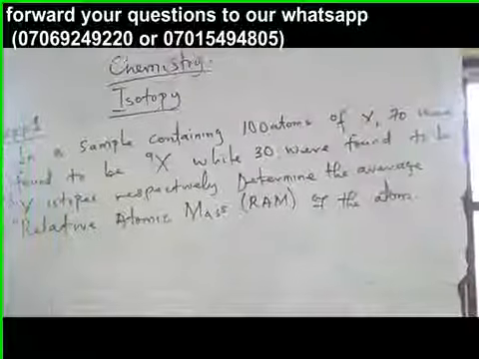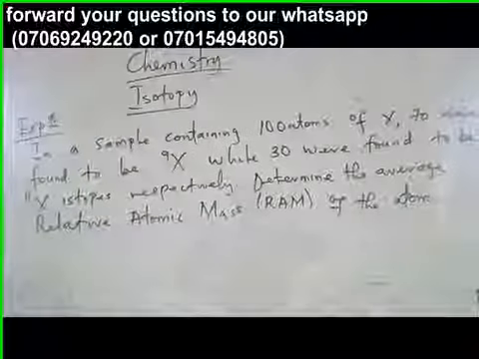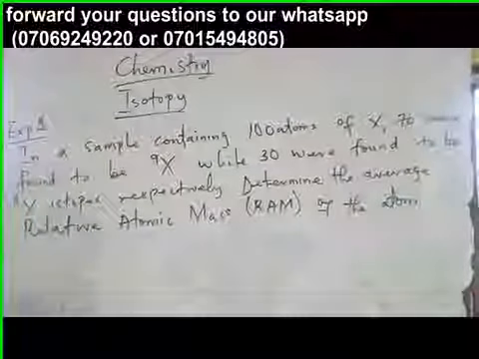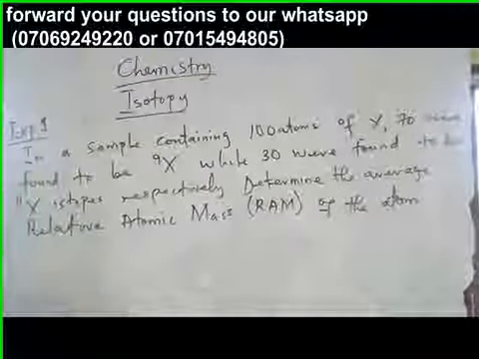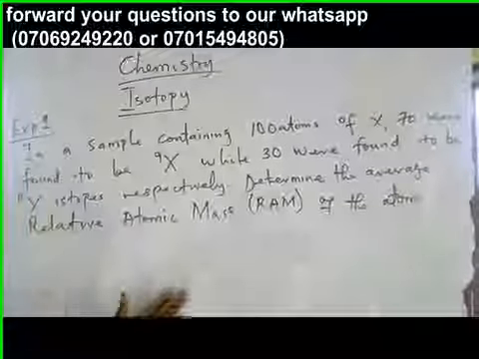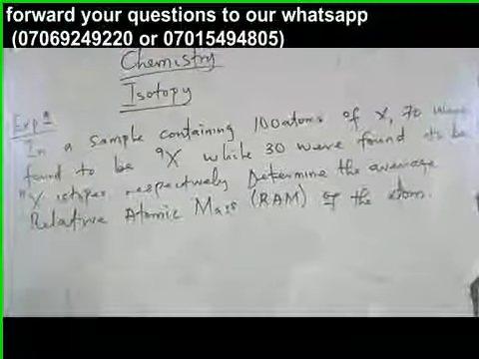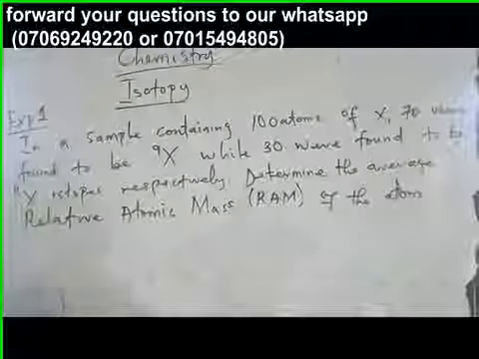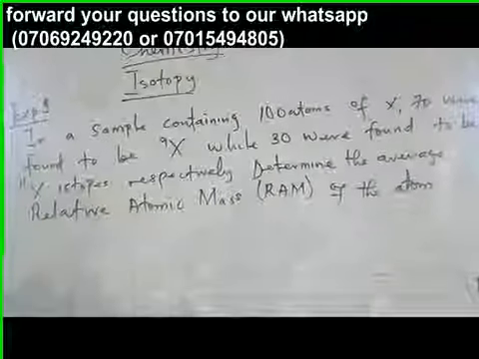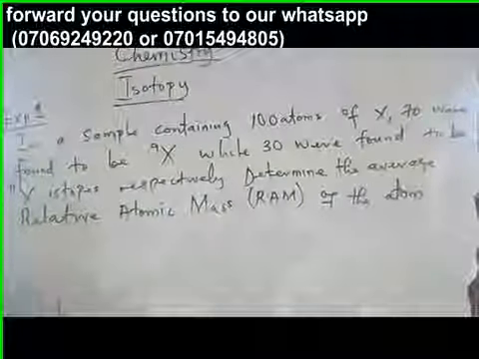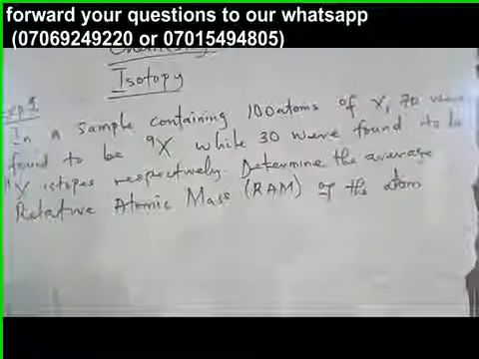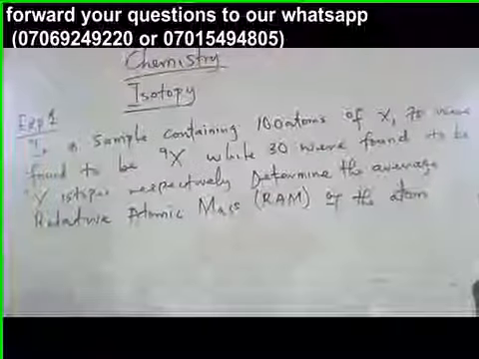So let's see some calculation examples: how to calculate the relative atomic mass of an element. When we have two atoms of chlorine, one is chlorine 35 and one is chlorine 37, we know that the relative atomic mass of chlorine is 35.5.